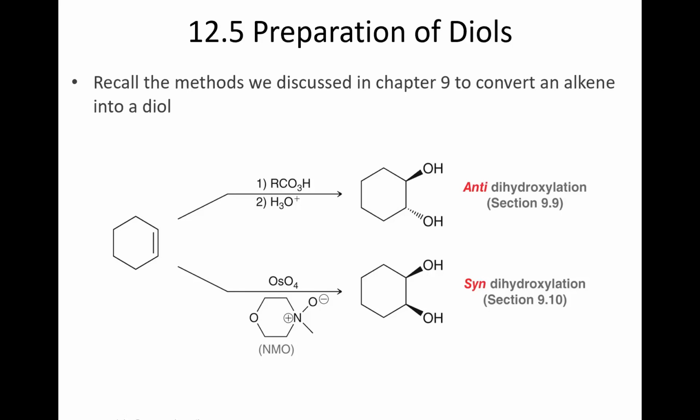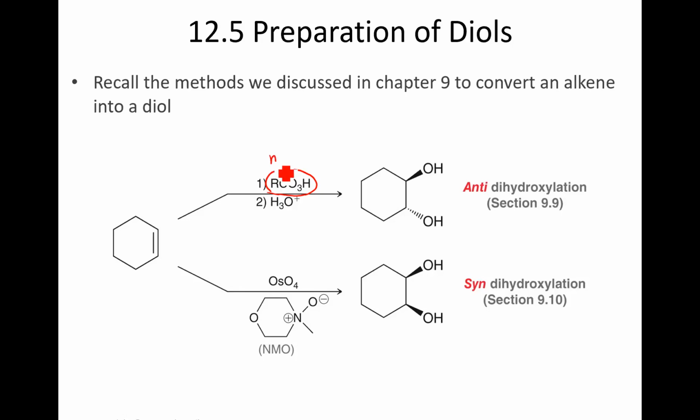Diols can be prepared via addition reactions from alkenes. These reactions are review from chapter 9, and we're going to be talking about anti-dihydroxylation and Syn dihydroxylation. Anti-dihydroxylation uses what they generically call RCO3H, which is a peroxy acid.